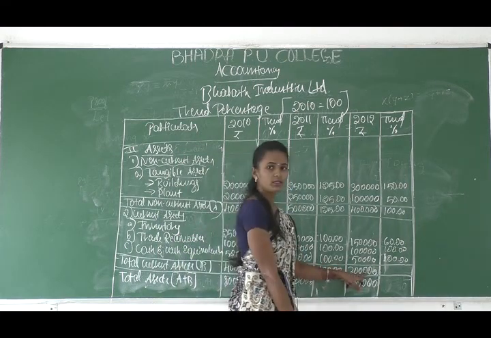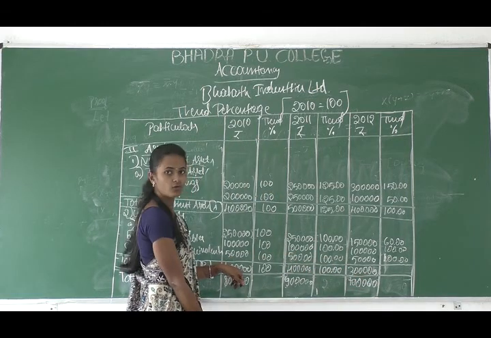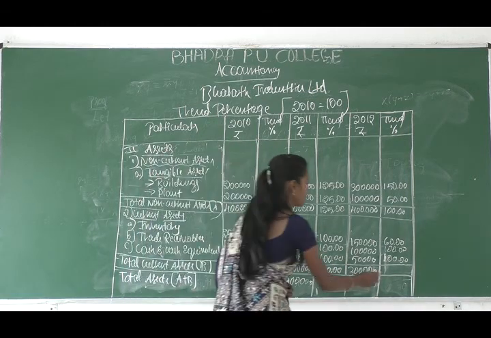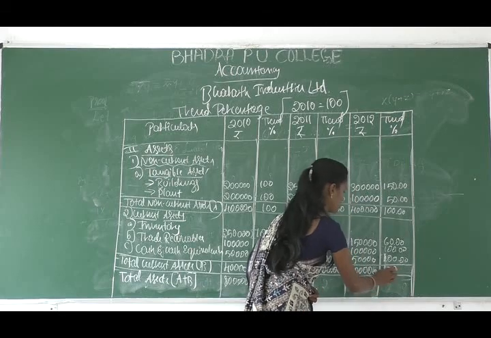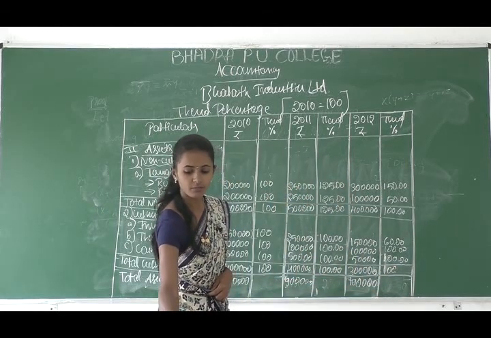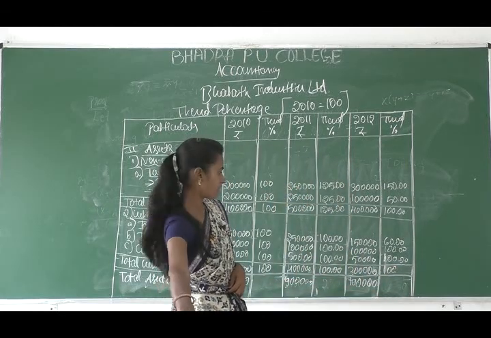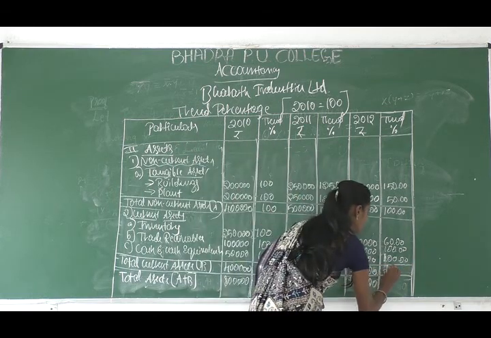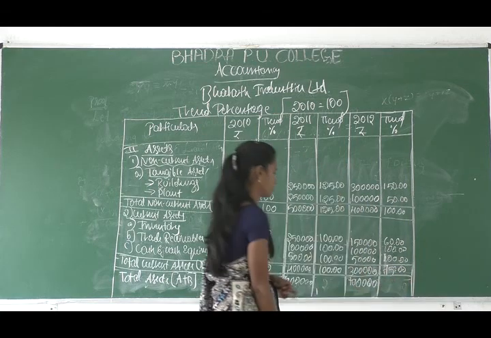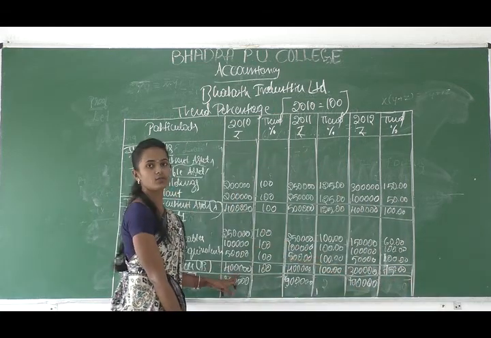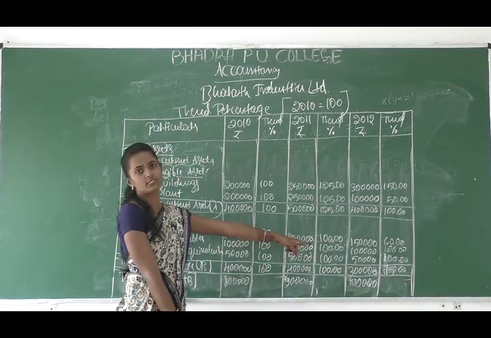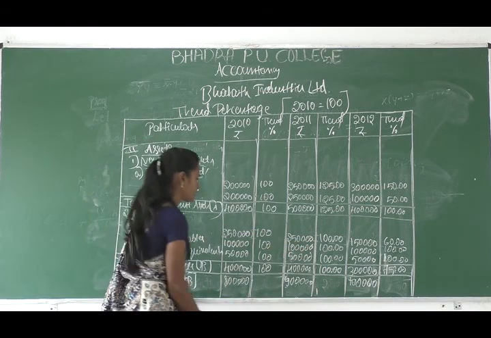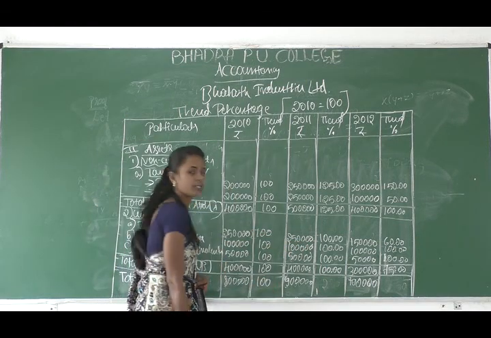Here 3 lakh divided by 4 lakh into 100 gives 75%. And here as usual it's 100%.